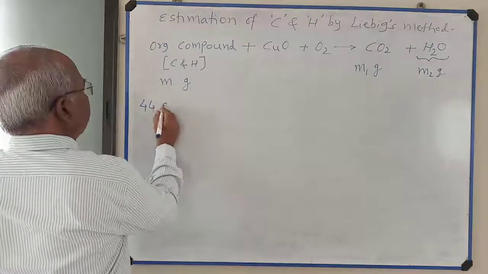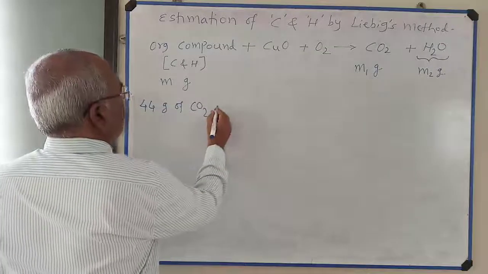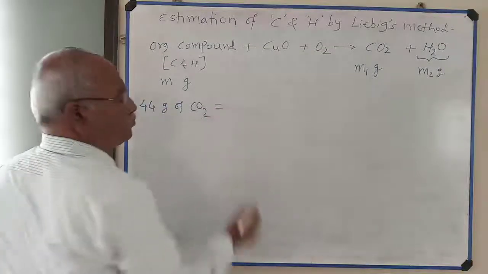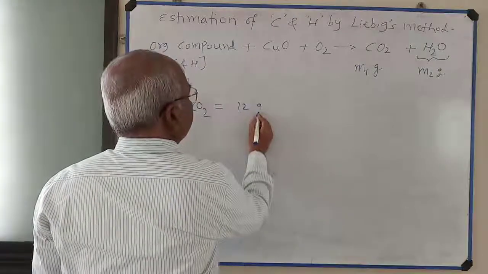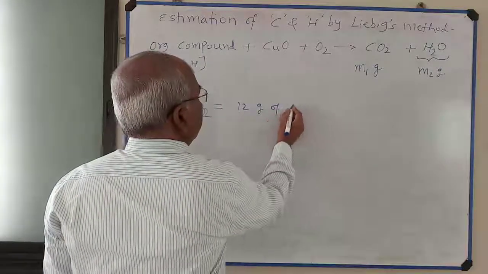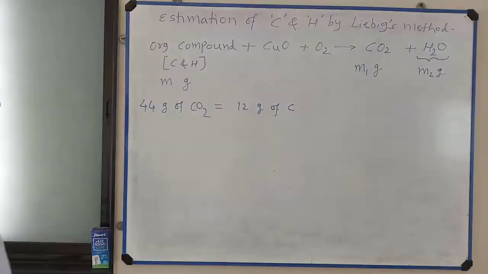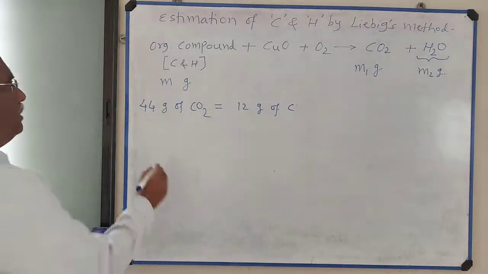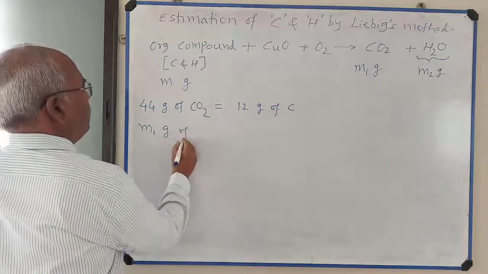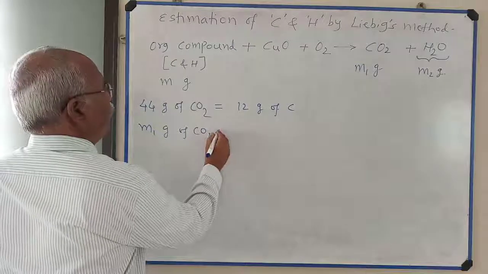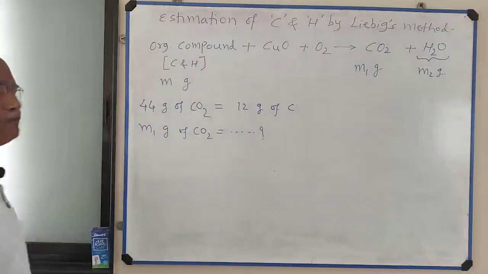44 gram of CO2 is equal to 12 gram of carbon. Then m1 gram of CO2 will contain how many gram of carbon?